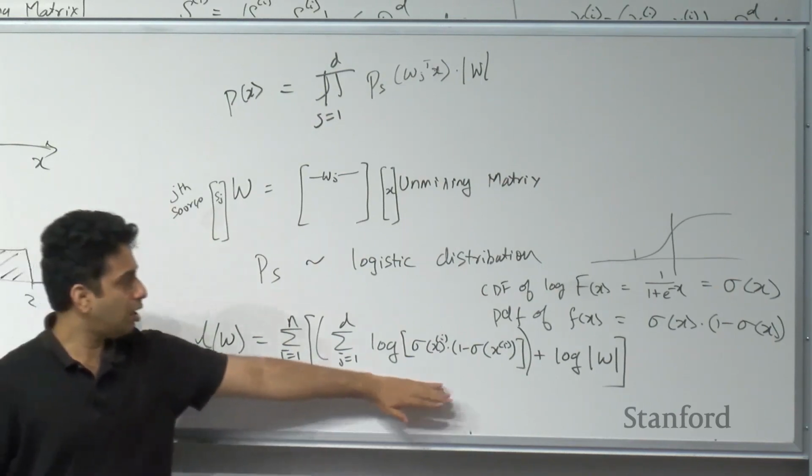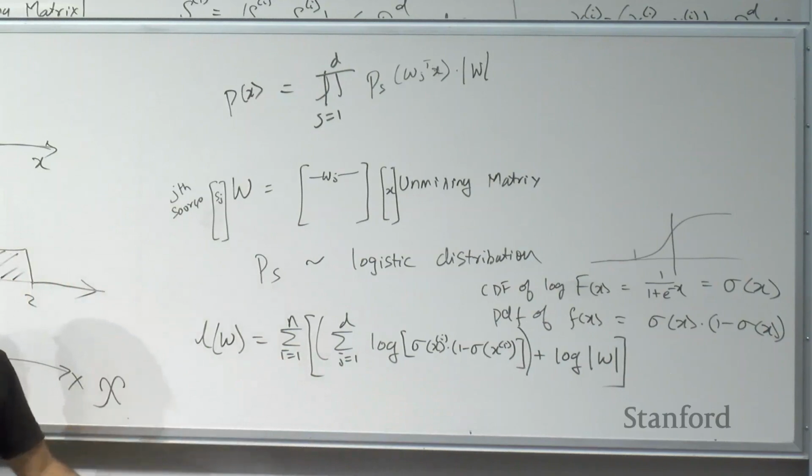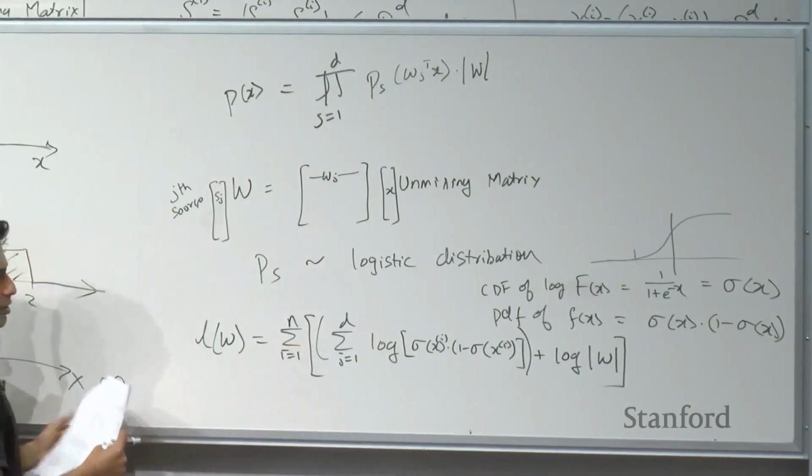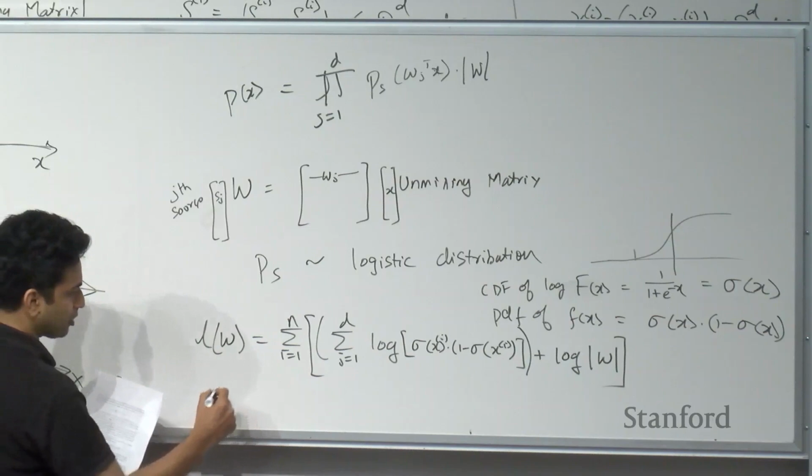You take this objective, take the derivative, perform gradient ascent, and run until you converge, right? And the corresponding update step, so you take the derivative of this and you get the update step that looks like this.